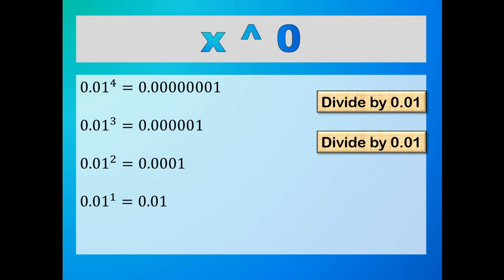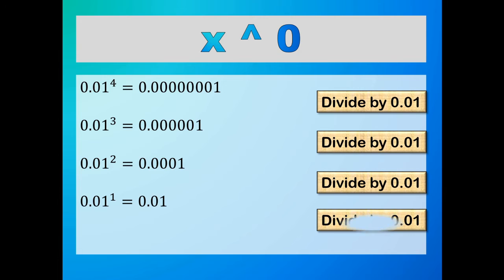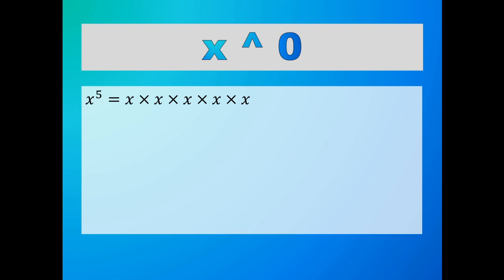Well, we divide by 1/100. How do we get from 0.0001 to 1/100? Well, we divide by 1/100. So we continue this pattern of divide by 1/100, and we find that 1/100 to the 0th power is equal to 1. Let's now talk about any x in general.